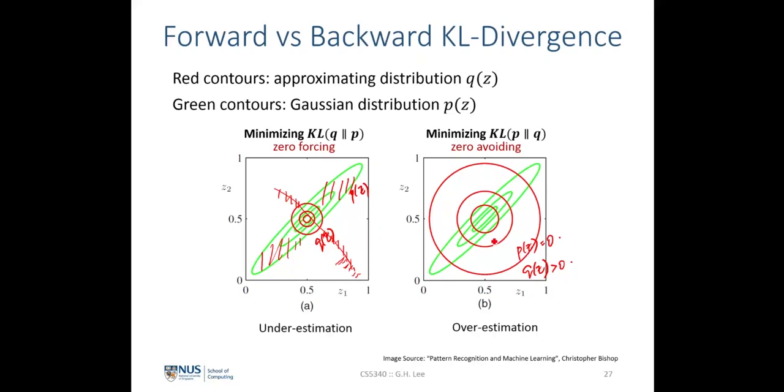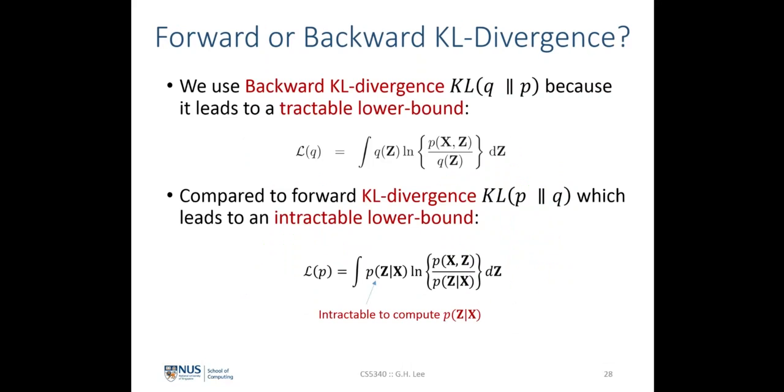And in this particular case, we can see that it becomes overestimation of this target distribution, because in order for these conditions to happen, when P(Z) becomes very small, Q(Z) has to also have sufficient coverage to ensure that it's more than 0 for it to be zero avoiding.